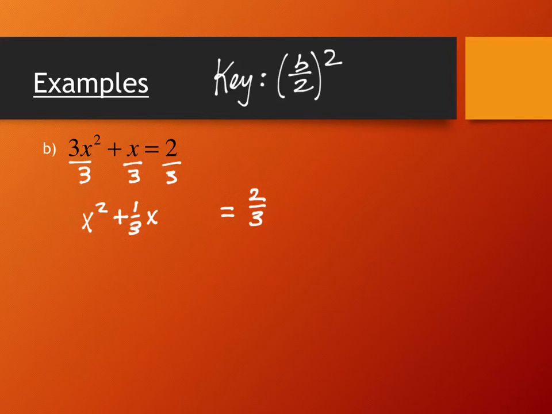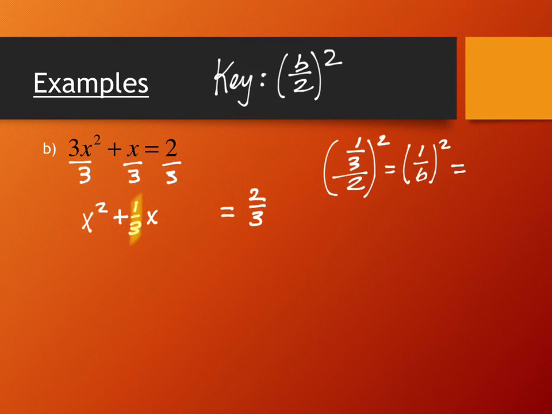The unfortunate part is that my b value here is the number 1/3. It's not super awesome. It doesn't evenly divide by 2. But we can do it. What's 1/3 divided by 2? 1/6. And what's 1/6 squared? 1/36. Okay? So we're going to add 1/36 to each side.